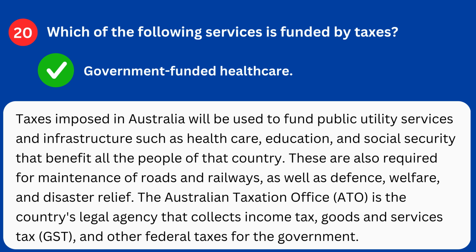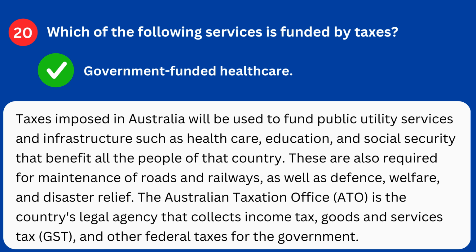Explanation. Taxes imposed in Australia will be used to fund public utility services and infrastructure, such as healthcare, education, and social security, that benefit all the people of that country.